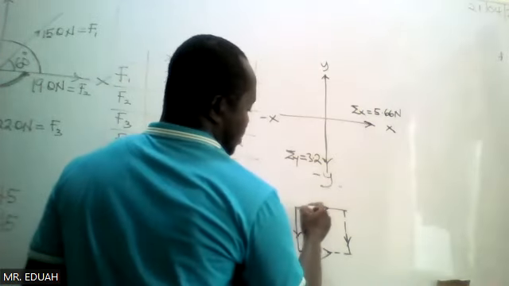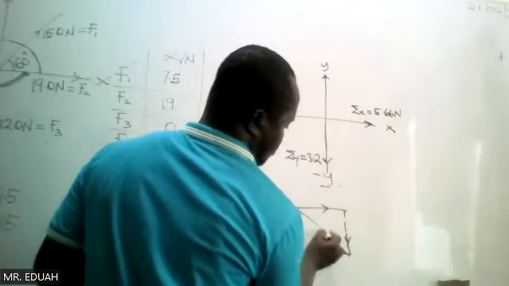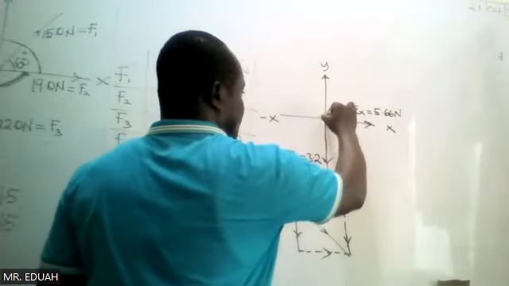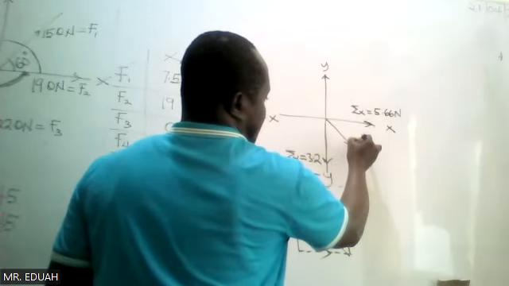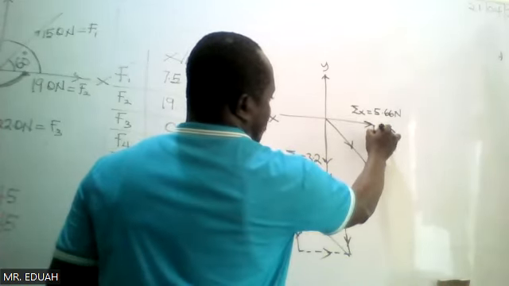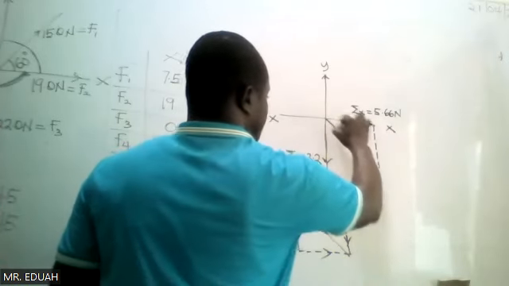So the resultant will be along the diagonal because of the equal vectors approach.